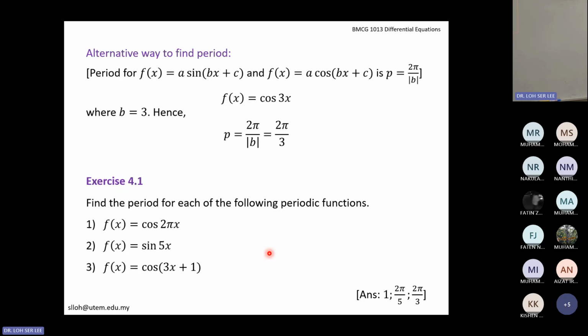For the third one, cos 3x plus 1, what is the b? It is 3, so the period is 2 pi over 3. We are making use of the property of the periodic function to get the period.